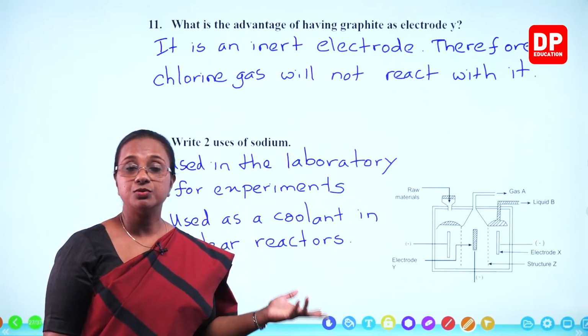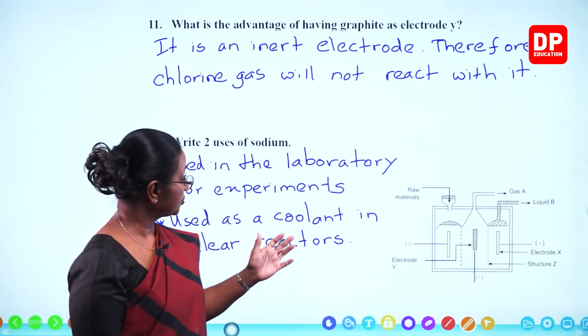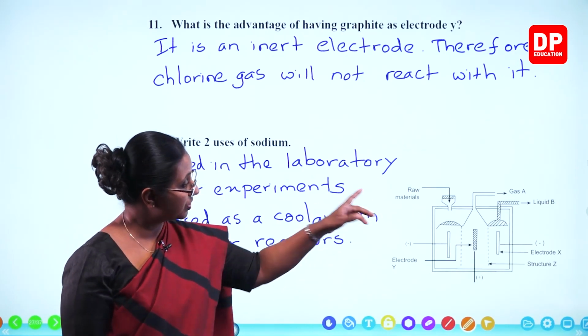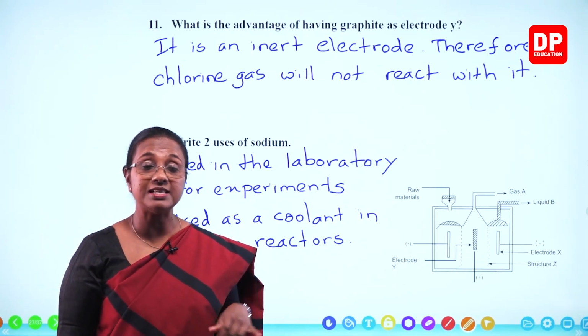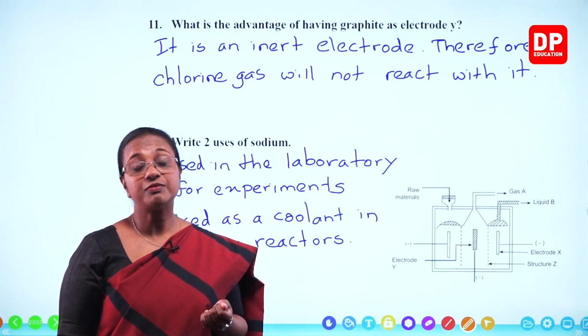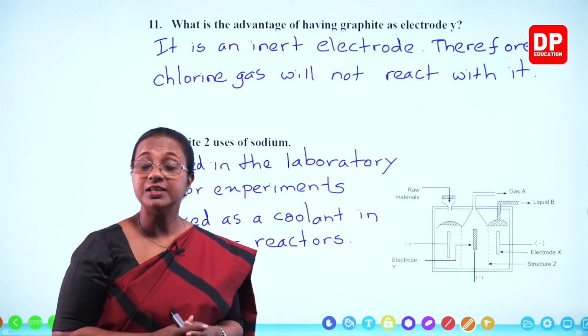Or you can say to produce sodium vapor lamps. So those are the uses of sodium. And you all know in this process, gas A, that is chlorine gas, is the byproduct. And we have discussed the uses of chlorine gas as well. So with that, students, I will move on to the next question.